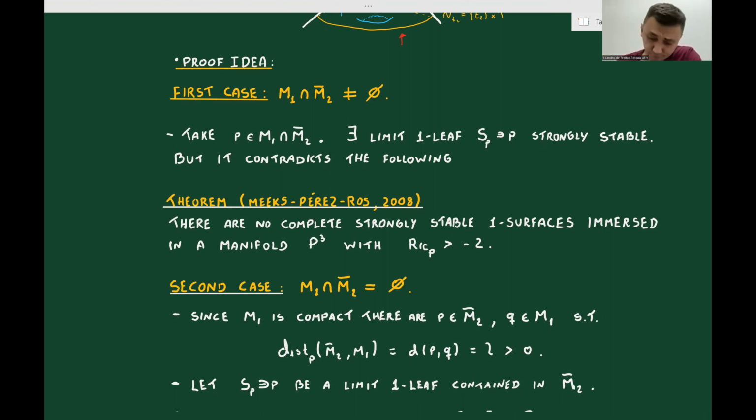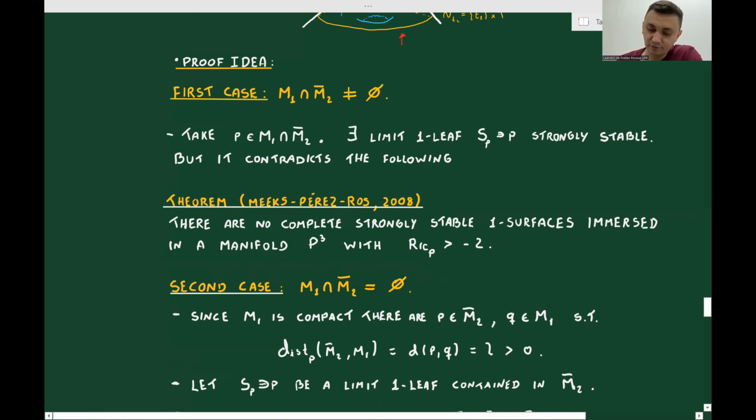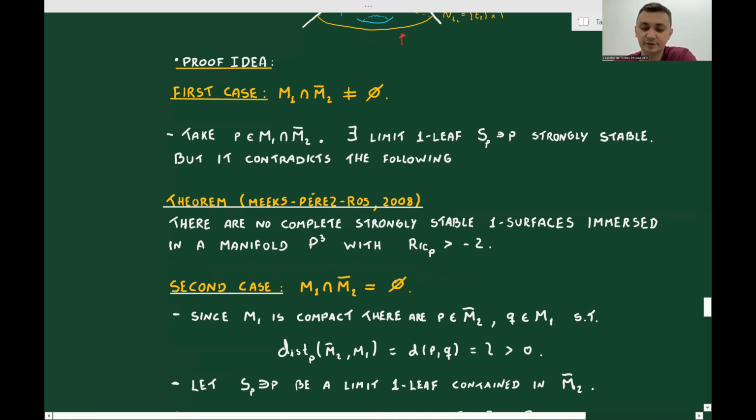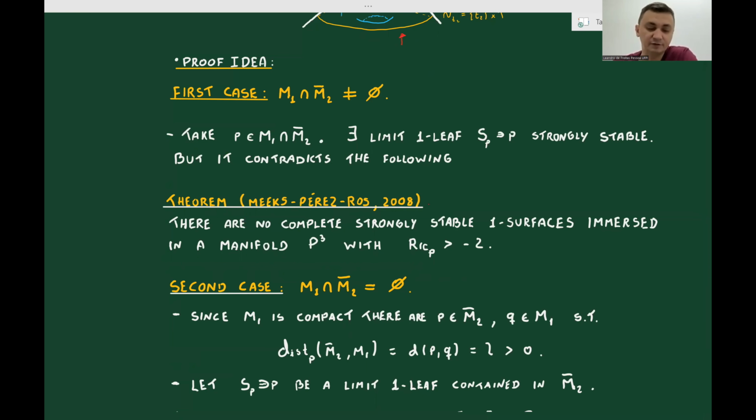Actually, I just put here the curvature equal to -2, but it can be for any constant. We just normalize here. So in this first case, we get a contradiction because we don't have such a strongly stable minimal surface inside a manifold with Ricci curvature bigger than -2. So the first case cannot happen.